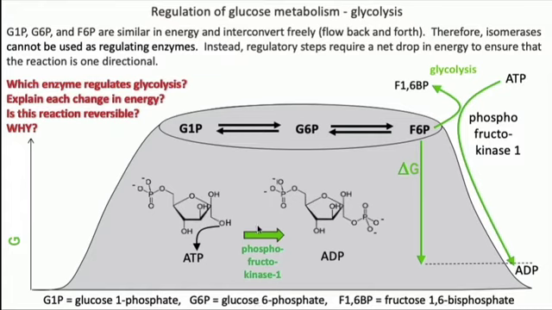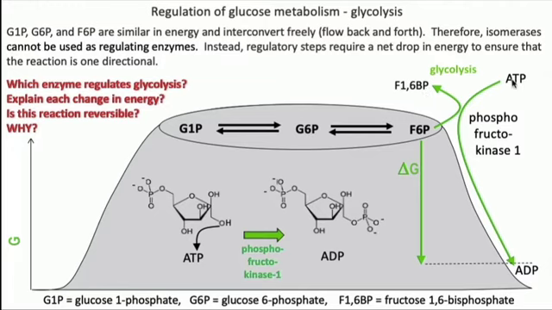The phosphofructokinase binds fructose 6-phosphate and ATP, positions them for a nucleophilic attack, so the phosphate gets transferred from the ATP to the fructose to make fructose 1,6-bisphosphate, a high-energy sugar.